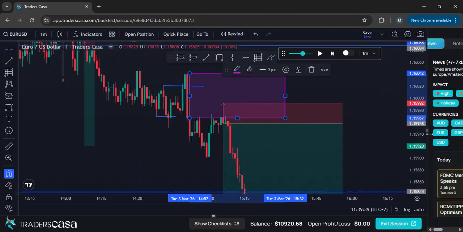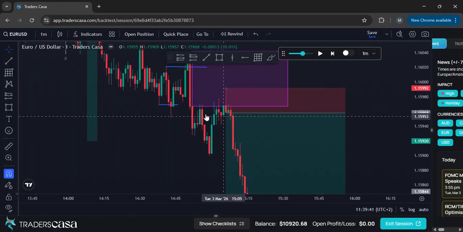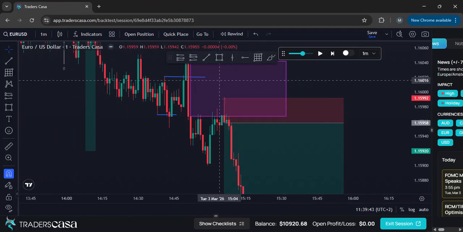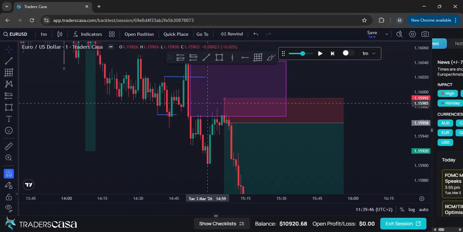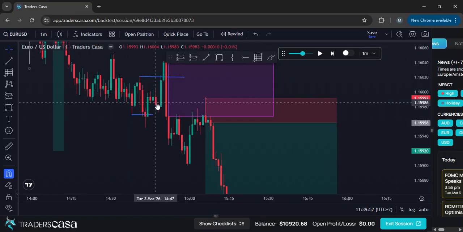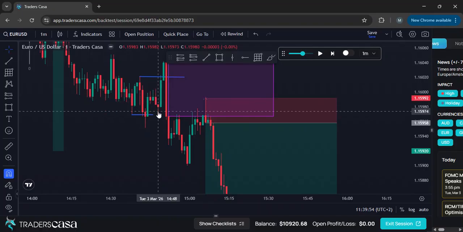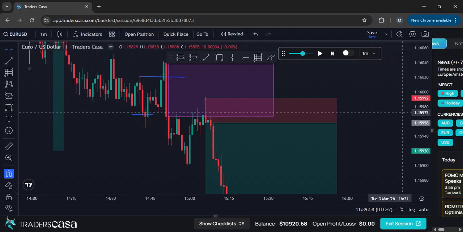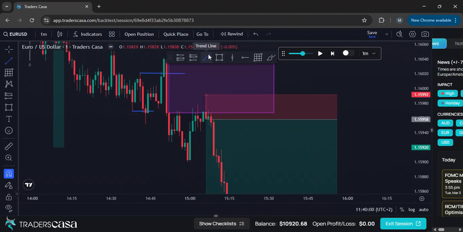I have in my notes that if you were aggressive, you might have entered it. But the fair value gap is so big, so I wanted to stay patient, and we just slightly tapped it. We didn't touch the breaker block here that is marked out. We didn't touch the inverse, and we didn't touch our POI. So I wanted to stay a bit more patient and then find liquidity.